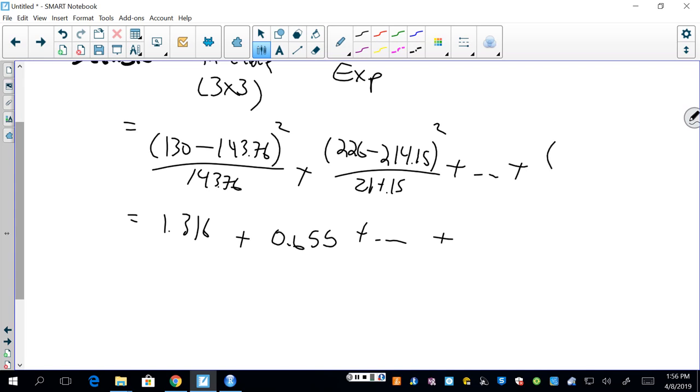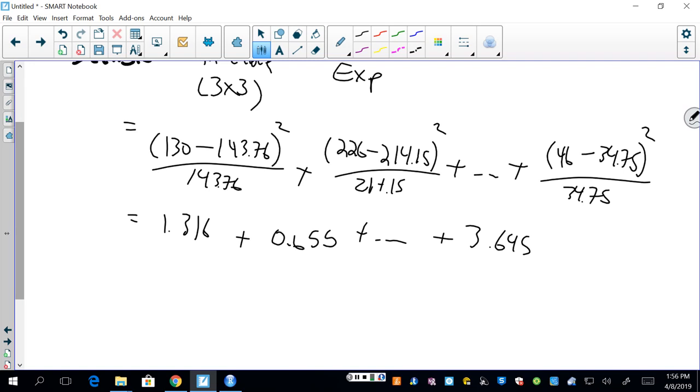And the last one in that is the endurance cell. So 46 minus 34.75, squared, over 34.75. And that contribution by itself is 3.645. So this one had a difference of about 8.